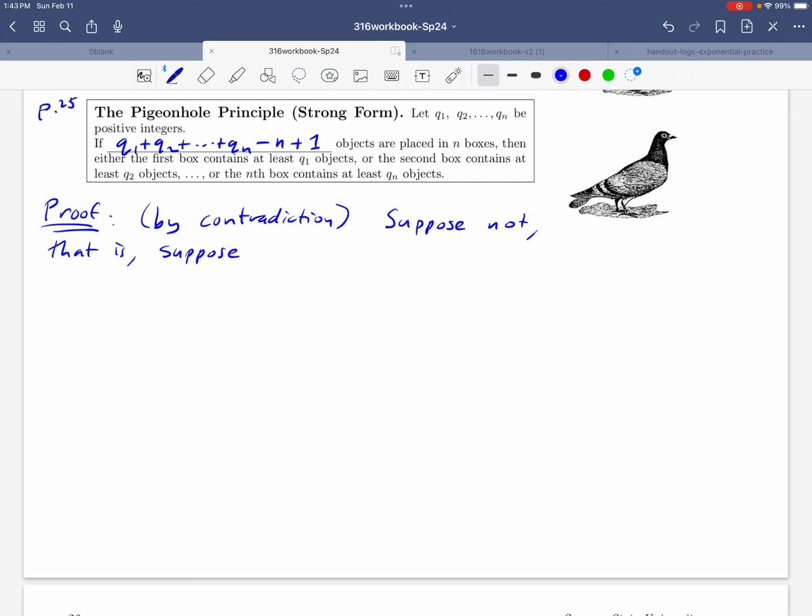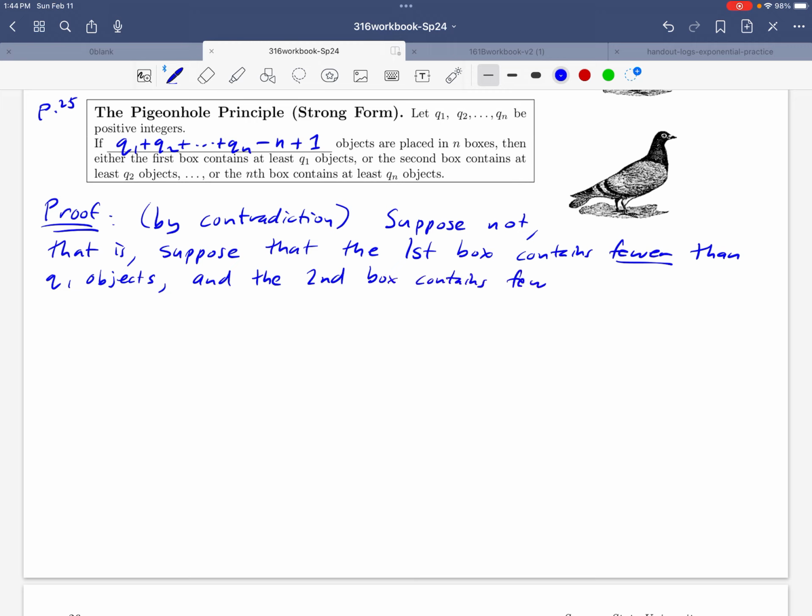Well, that would mean, if we negate that big long chain of statements with all of those ORs, that the first box contains fewer than q1 objects, and the second box also contains fewer than q2 objects, and so on, until you get to box n, which is going to contain fewer than qn objects. That's the negation of what we're trying to prove here.